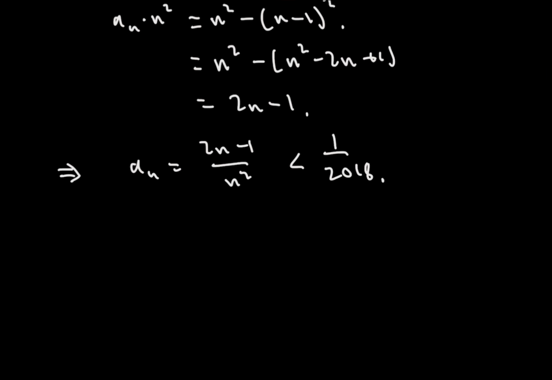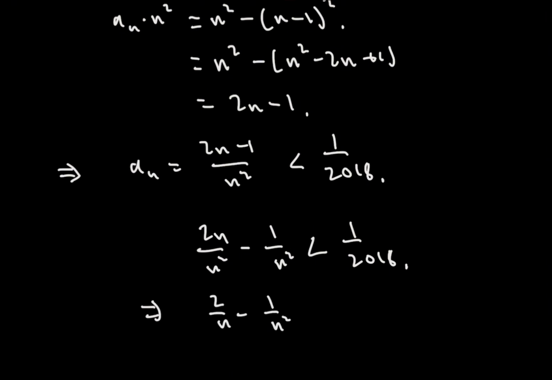And if you know a little bit of calculus, specifically limits, you might notice that this minus 1 will become negligible. To see this more explicitly, we can rewrite the left-hand side as 2n over n squared minus 1 over n squared, which is less than 1 over 2018. This rewrites as 2 over n minus 1 over n squared is less than 1 over 2018.